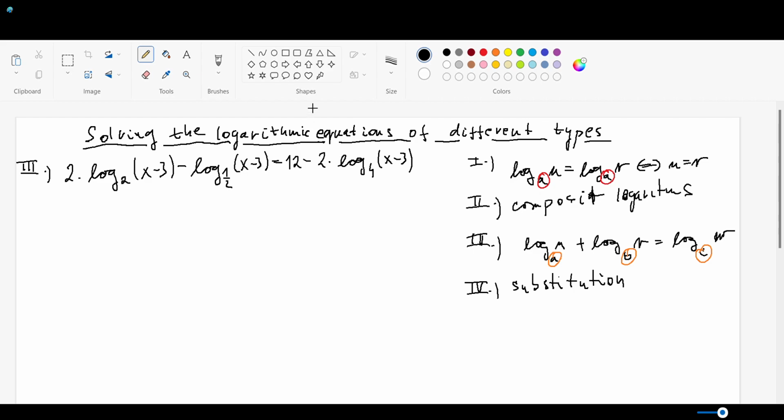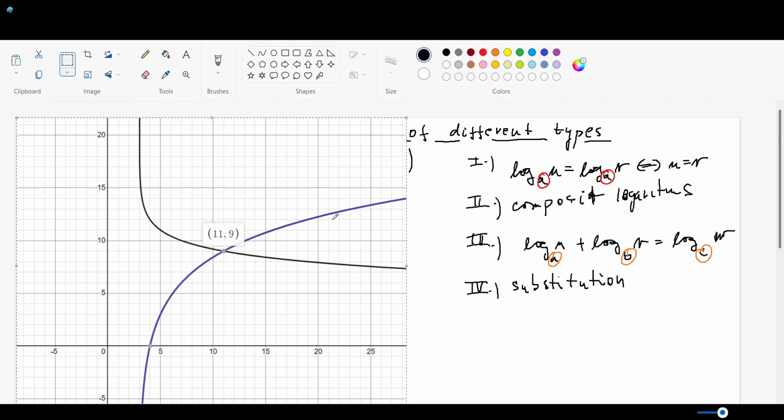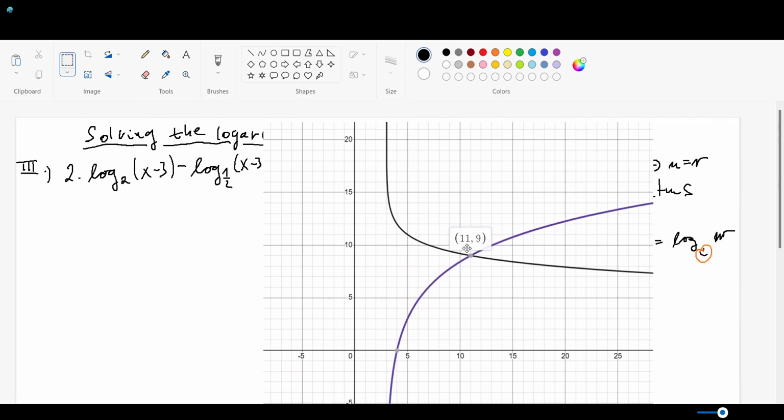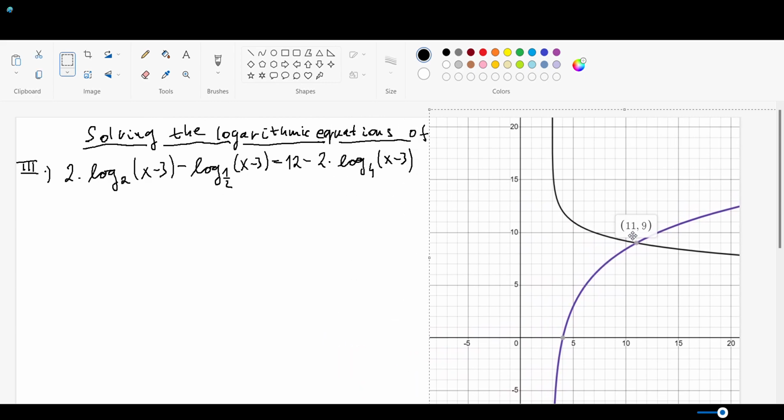This is the disadvantage of solving any equation graphically if it is such a complex function, because you have to sketch these two graphs really properly to find where they intersect.